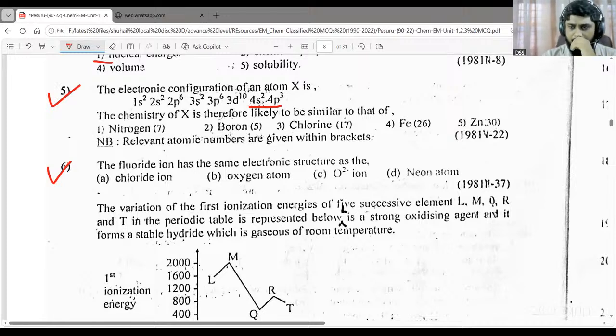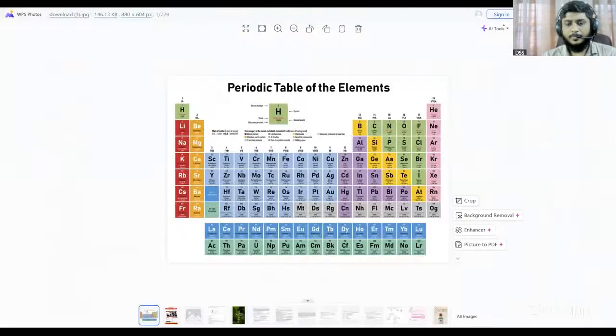If you see the periodic table, you can see the 33rd element.